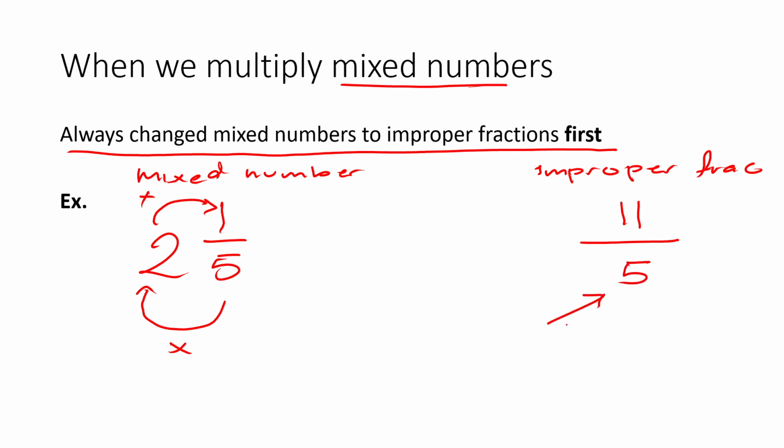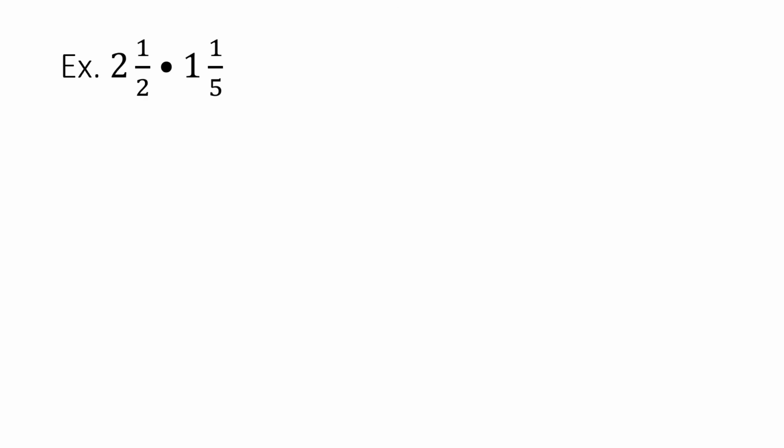And our denominator is the same. Keep the denominator the same. So let's try some examples. Here we have 2 and 1 over 2 times 1 and 1 over 5.